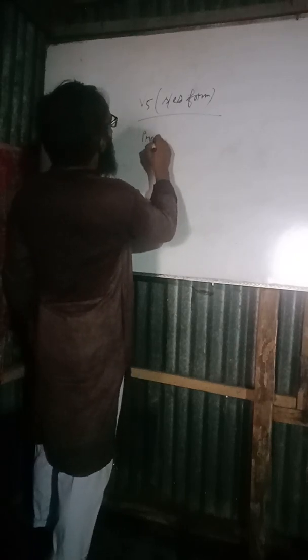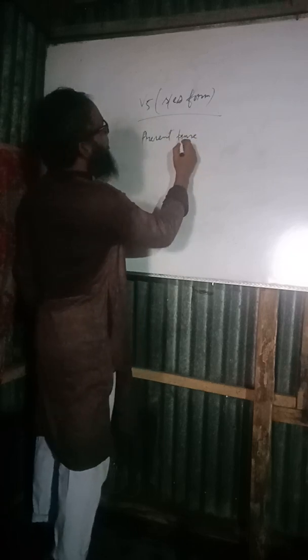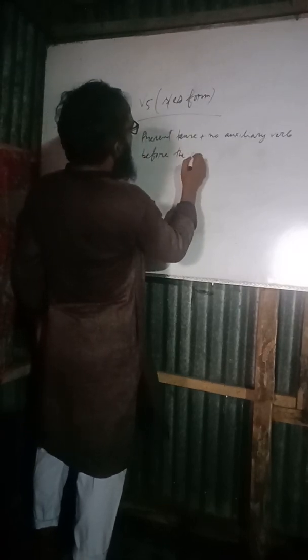Here, if you want to use V5 of any verb, the precondition is present tense plus no auxiliary verb before the gap plus subject third person singular number.